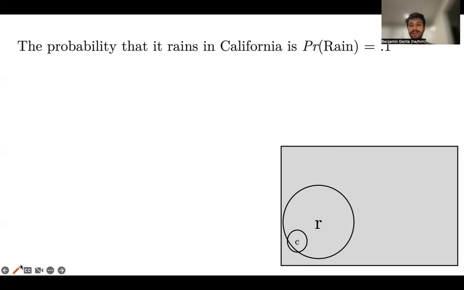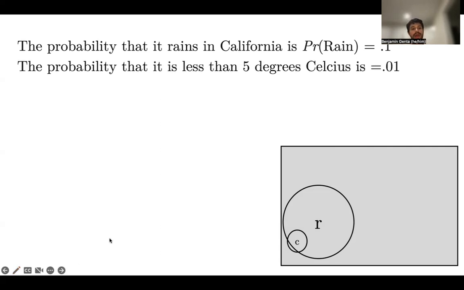So rain happening in California is this circle with the little r. And the probability that it's less than 5 degrees Celsius in California, let's say that it's 1%. So it's 0.01. But these aren't the real probabilities, just to give you an intuitive example.